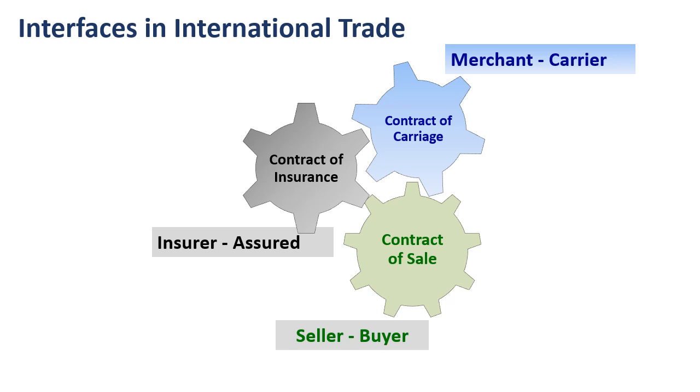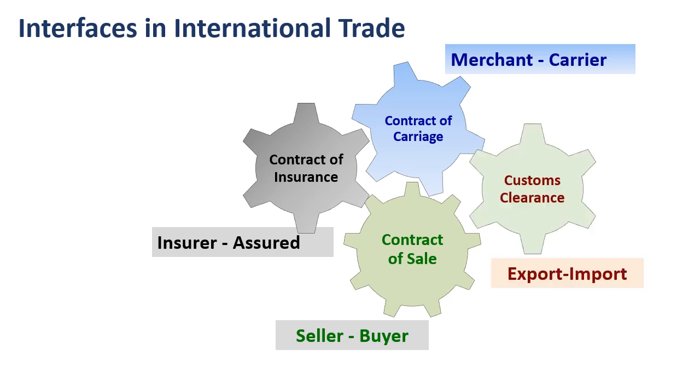Again here, it can be the seller or the buyer depending upon the terms of the contract of sale. Again, it can be agreed that the risk from point A to B is with the seller and from B to C is with the buyer. So again, just like contract of carriage, you could have multiple contracts of insurance which exist within a single transaction, in a single business.